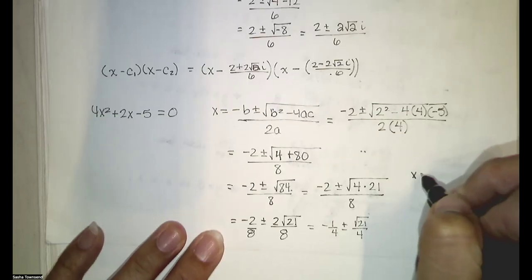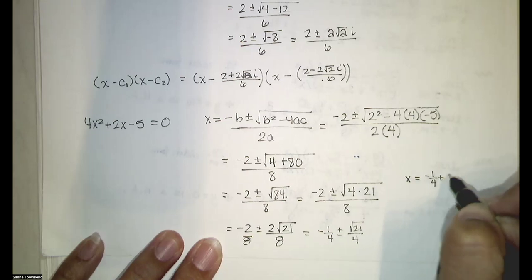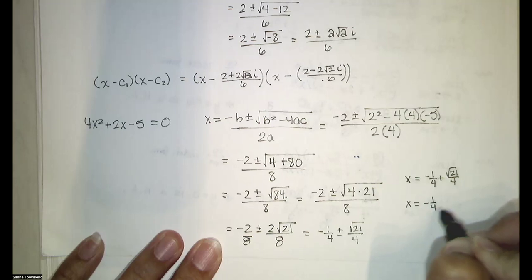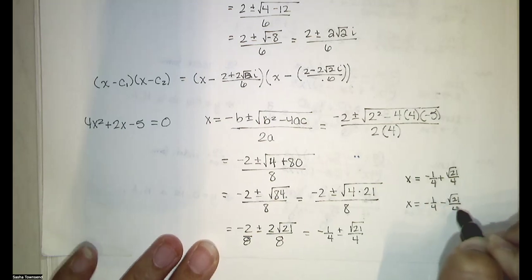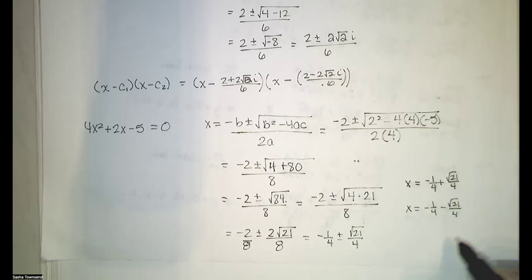So we actually have two roots. X equals negative 1/4 plus the square root of 21 over 4, and x equals negative 1/4 minus the square root of 21 over 4. Now the square root of 21 is in between the square root of 16 and the square root of 25. So this number, square root of 21, is between 4 and 5.